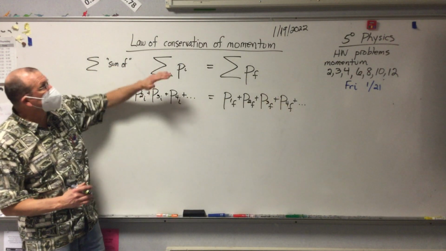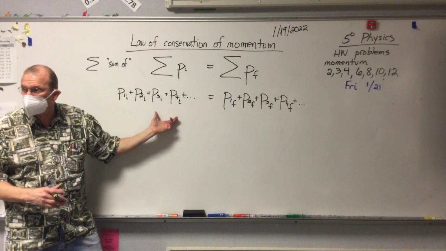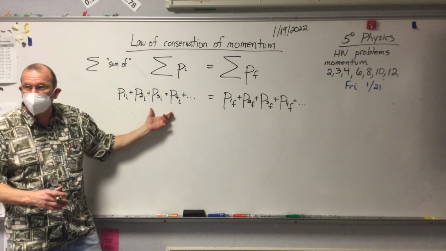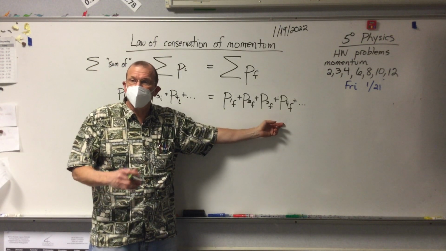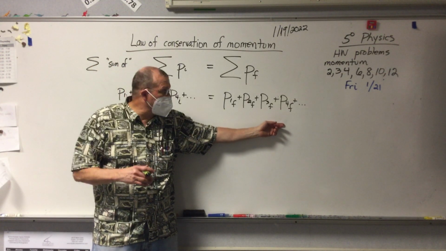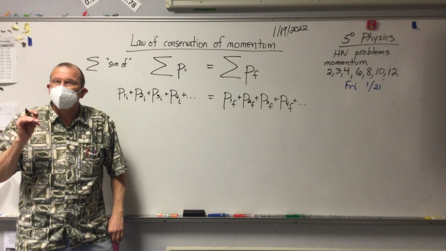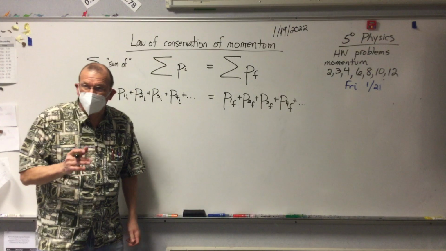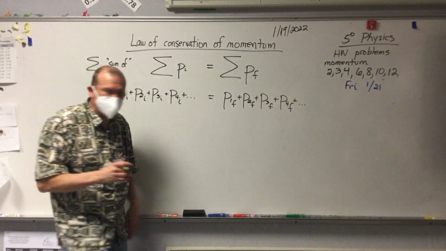The idea behind the law of conservation of momentum is that however much momentum we have over here to start with, we're going to have the same amount when we're done. But the objects can interact with each other. So I'm going to give you an example of this, and hopefully you'll say, oh, I get this idea.